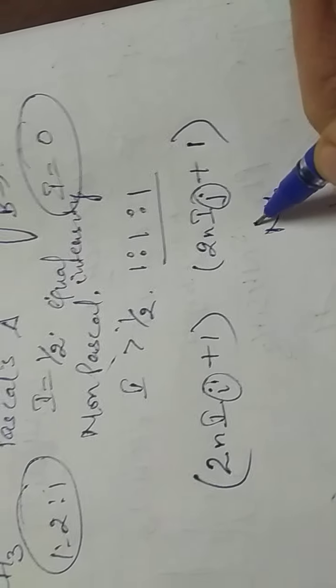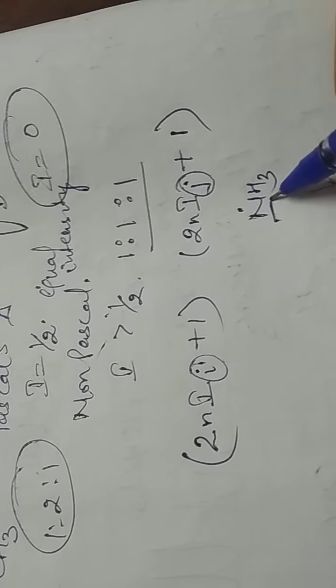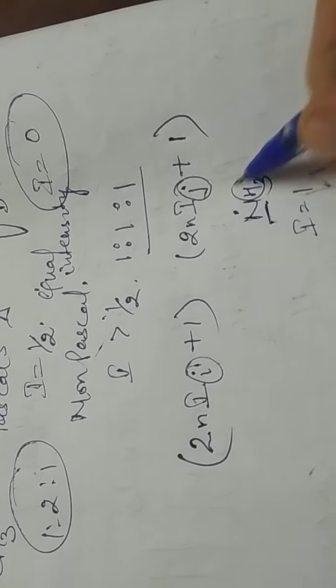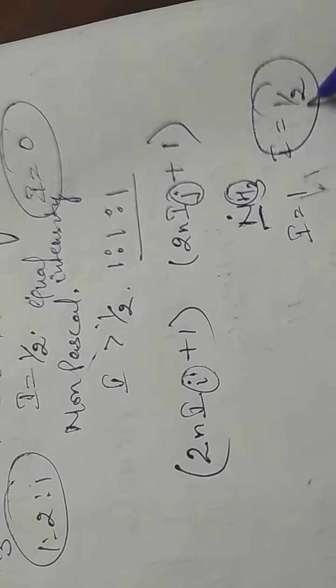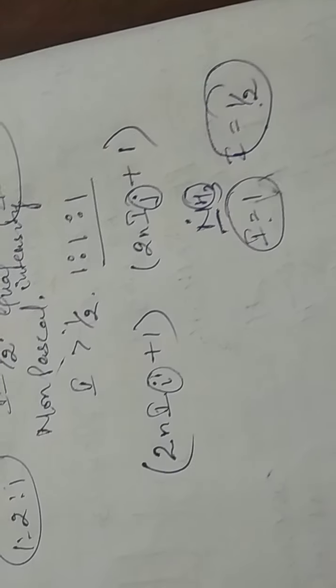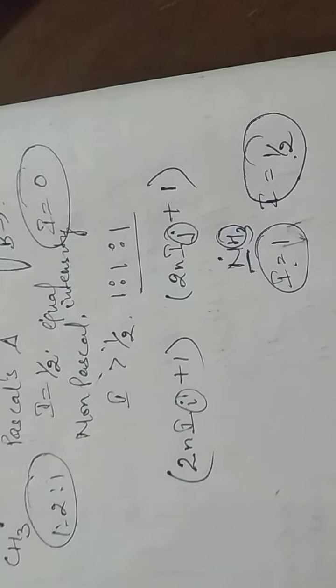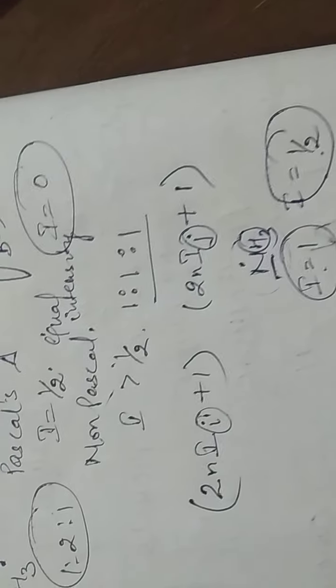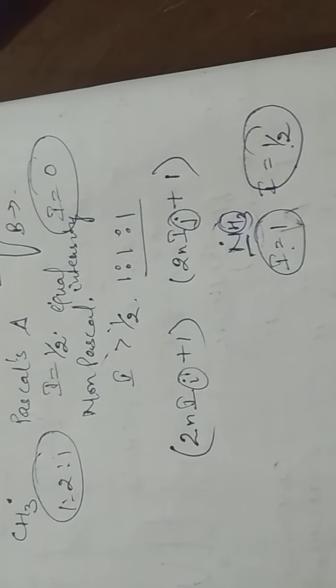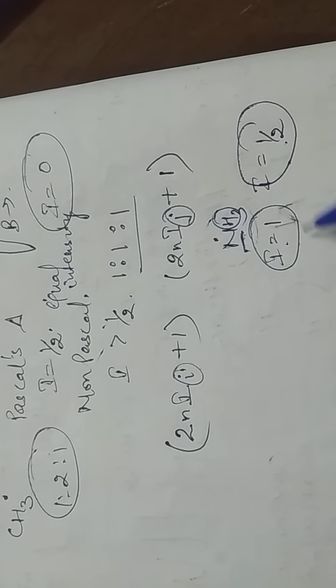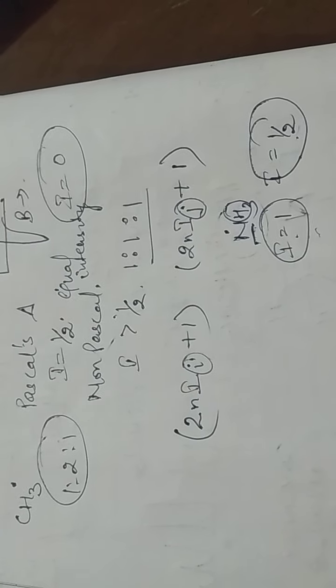Suppose NH3 radical. Nitrogen is active with I equal to 1, and hydrogen is also active with I equal to half. I would expect a single peak, but this won't happen since both are active, so they are going to affect each other and the splitting will be there.